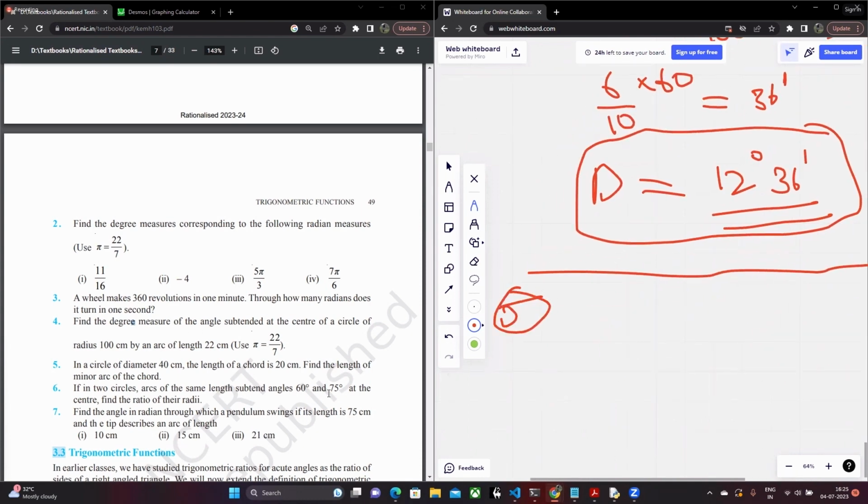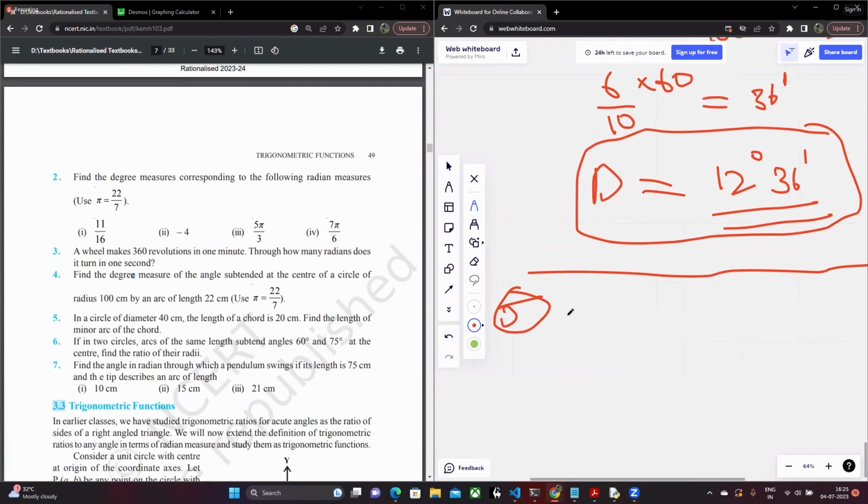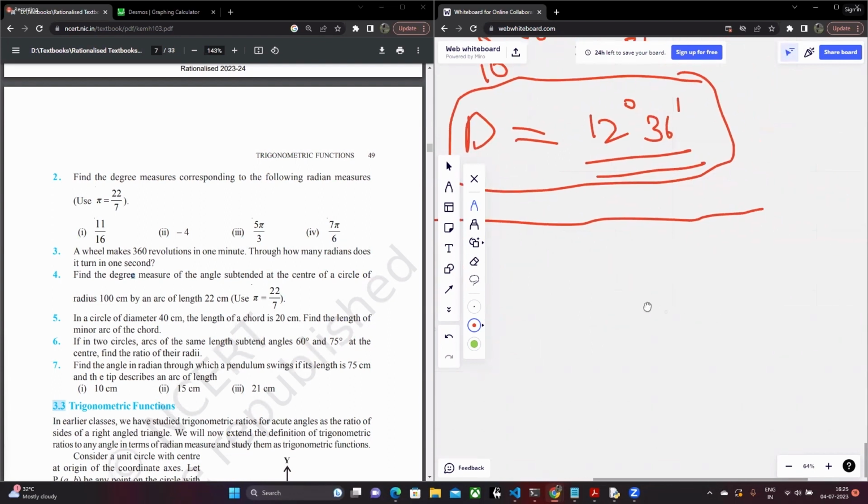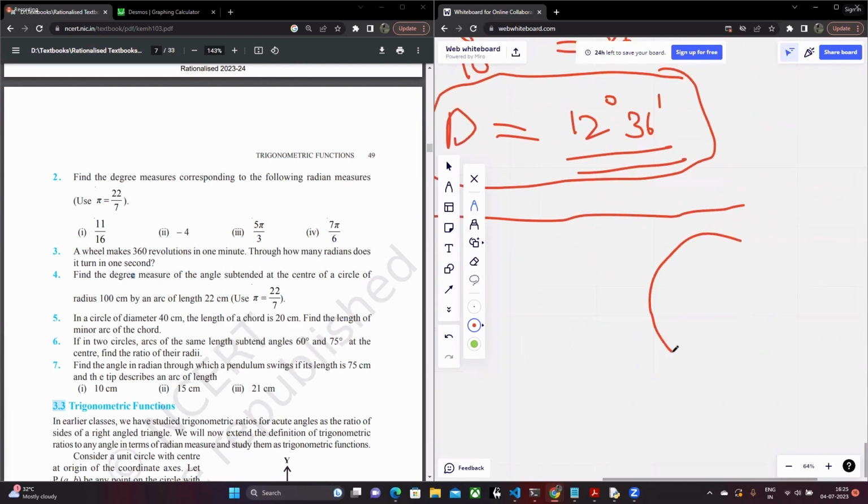Question number 5. In a circle of diameter 40 centimeters, the length of a chord is 20. Find the length of the minor arc of the chord. So again, drawing a circle, take the center. Since this is the center, let me mark it as O. This is the radius, which is going to be 20 centimeters, right?